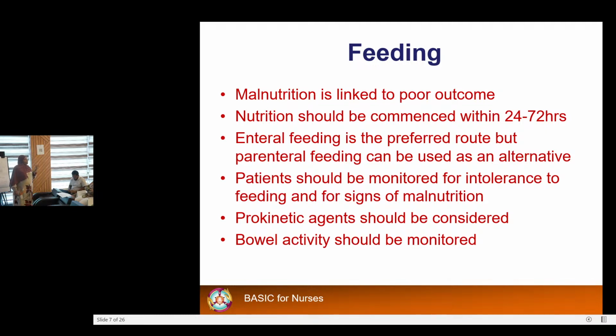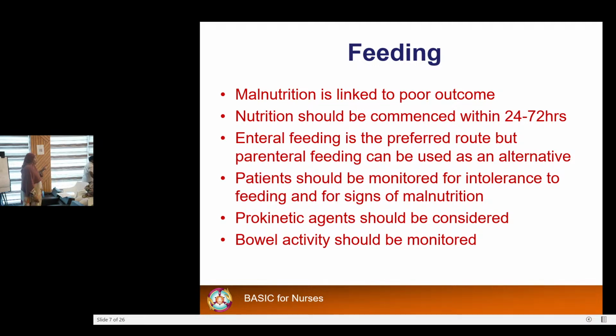So during feeding, there is sometimes a problem of intolerance. So if that exists, you should know the signs of intolerance. Mfano nesi anakuambia asubuhi nimemlisha mgonjwa lakini nikivuta tube chakula kinarudi kingi. Kwa hivyo you have to know that maybe there is a delayed gastric emptying. Au mgonjwa anapata abdominal pain, abdominal distension, diarrhea.